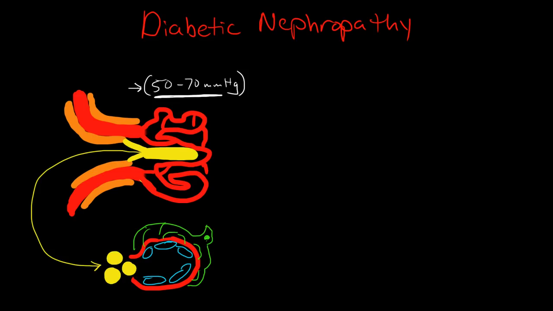Now these mesangial cells have the same lineage as smooth muscle cells, but they aren't smooth muscle cells. They don't have any contractile components, no actin and myosin. So these are mesangial cells. And this section here is called the mesangium.